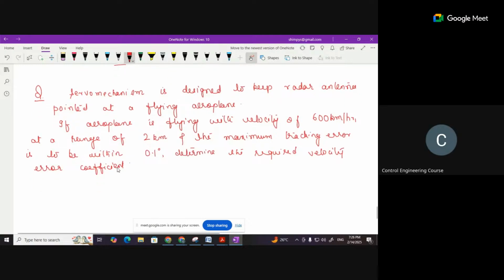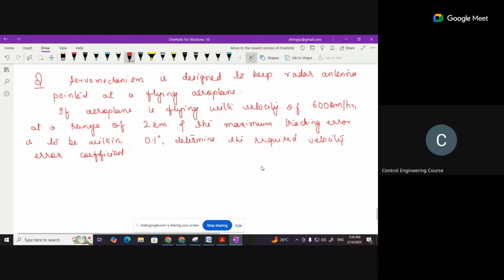And the block diagram of this servo mechanism is given to us. One question here. Yes. So velocity error coefficient, that will be a number, right? Right. That will be a number. If that is a non-zero constant, the error will be the reciprocal of that.